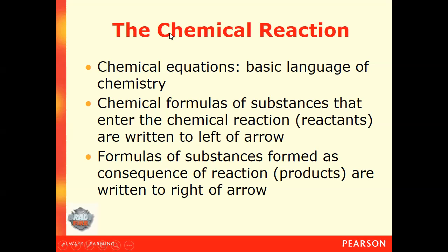We call them reactants. They exist in our chemical equation on the left-hand side of the arrow. And we have our products, the substances that those chemical reactants reconfigure themselves to form, and they're kind of the end of the reaction. And we find those on the right-hand side of the arrow.